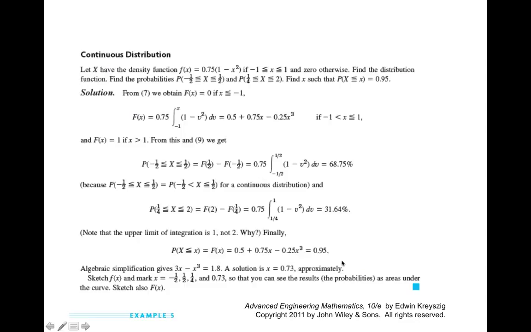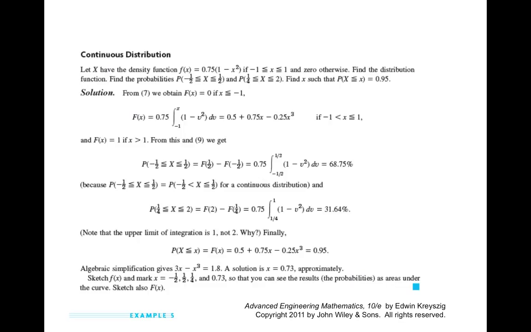If we want to know, for example, at what value we would have included 95% of our distribution, we would say, okay, we want to know what value of x we would get to 0.95.